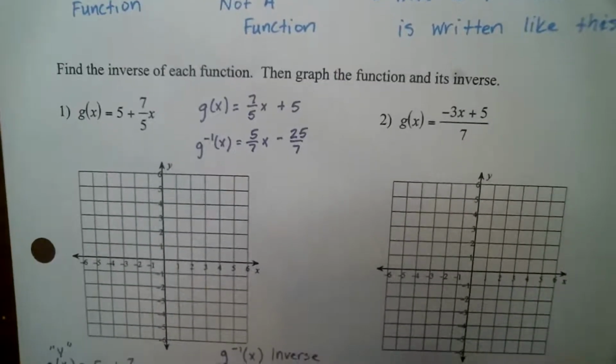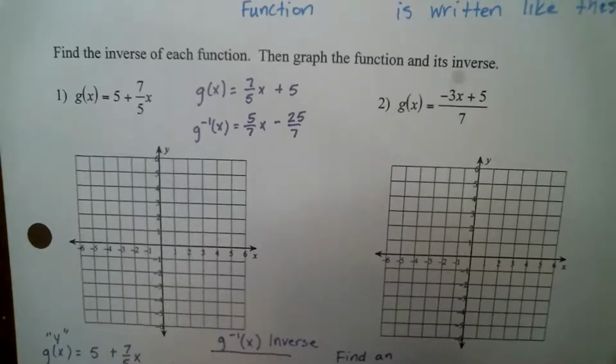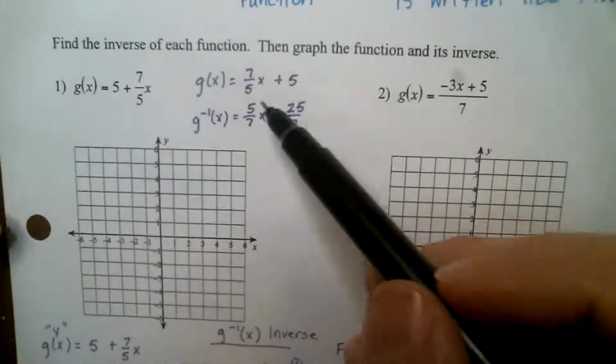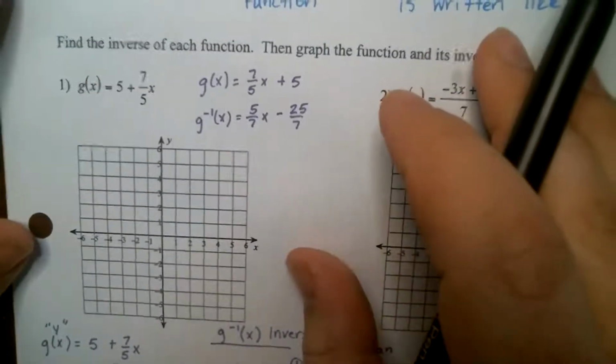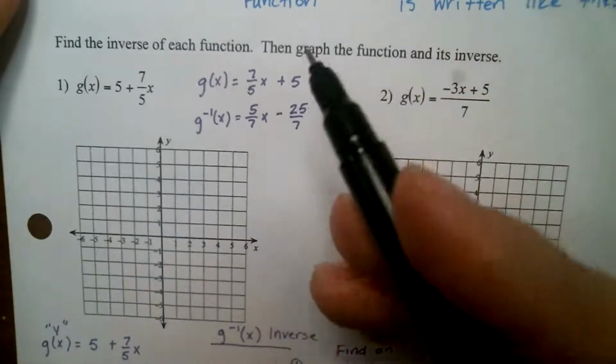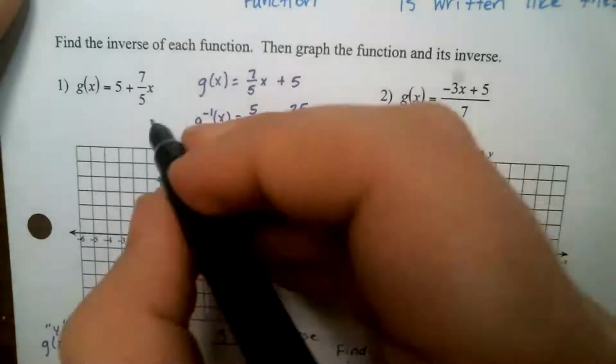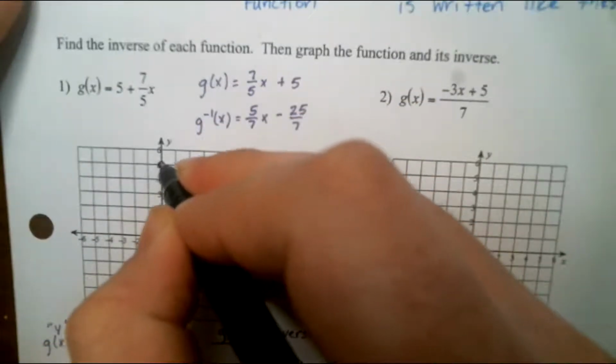Okay. Now we are going to graph those. So we're going to graph these two. This goes back to like algebra 1. So let's graph the first one. The y-intercept is 5, so I'm going to put a point at 5.